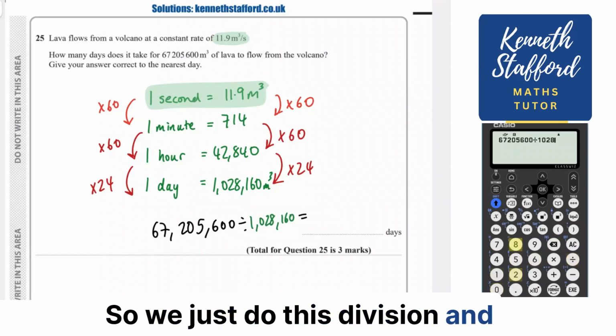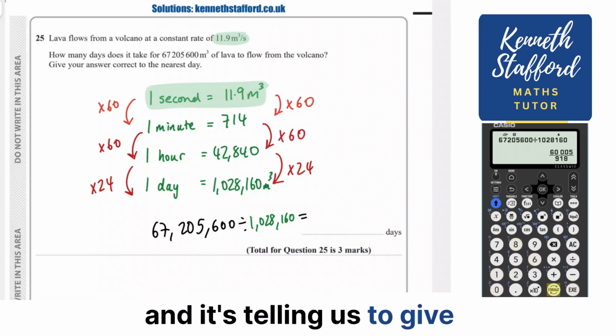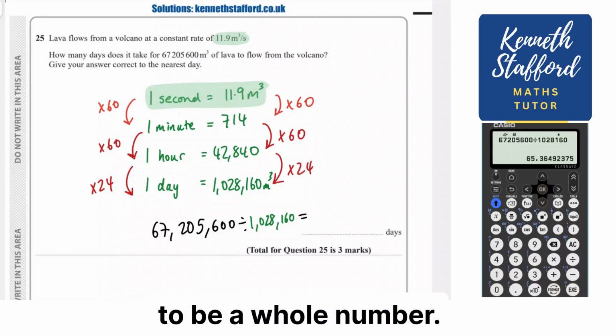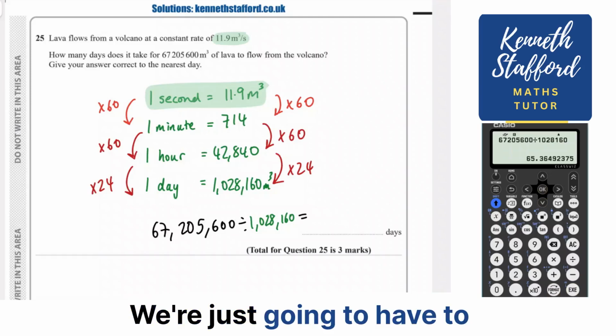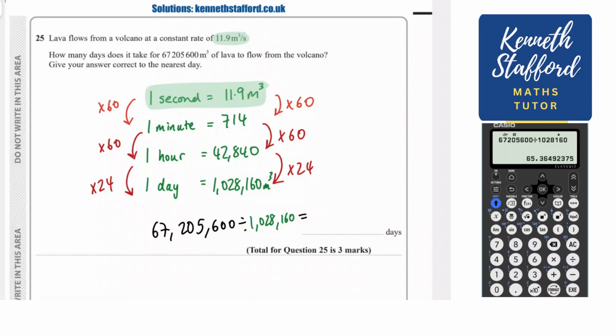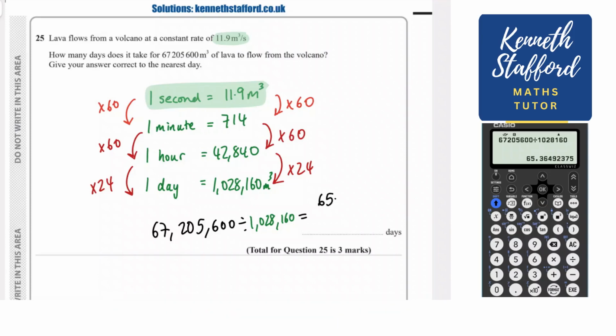So we just do this division and we're going to figure out how many days it is. And it's telling us to give it to the nearest day, so we know it's not going to be a whole number. We're just going to have to use the rules of rounding. And as a decimal, I got 65.36. So 65 days.